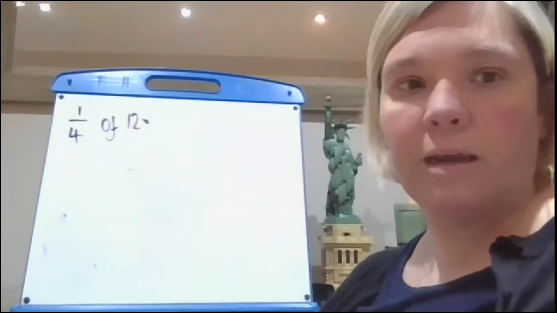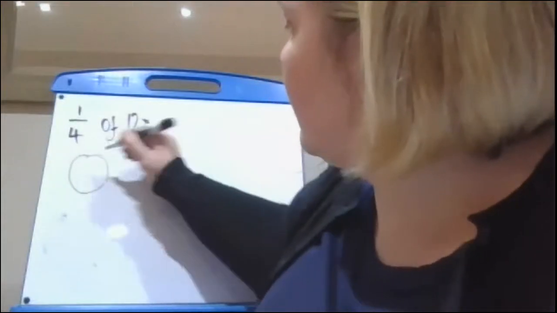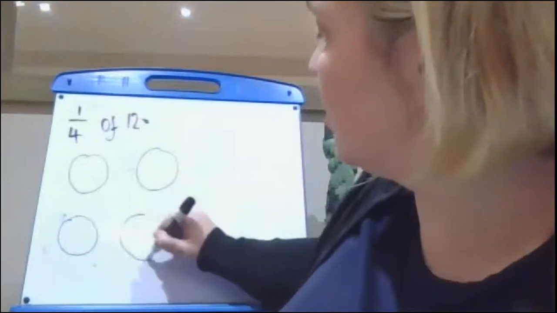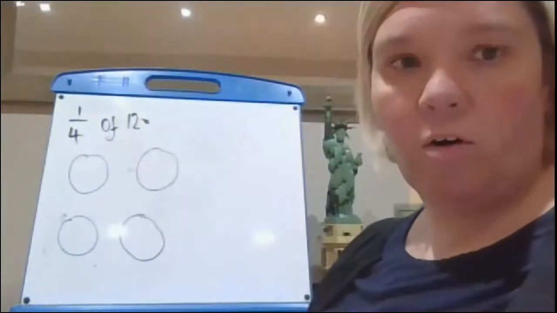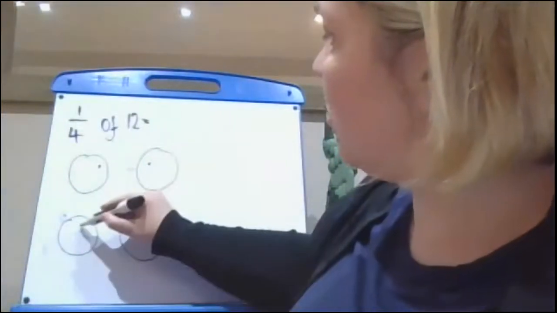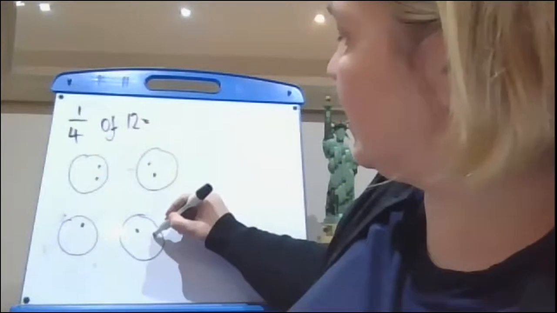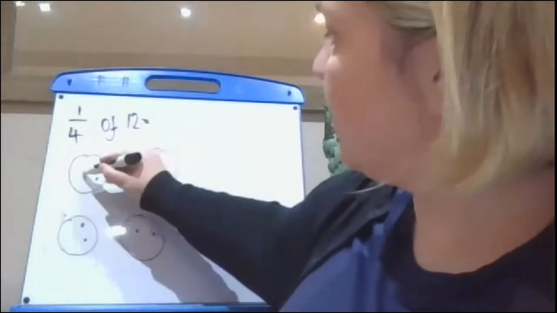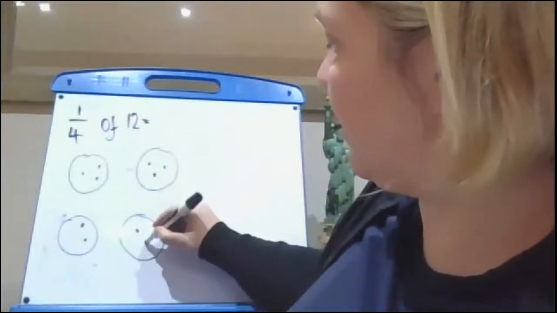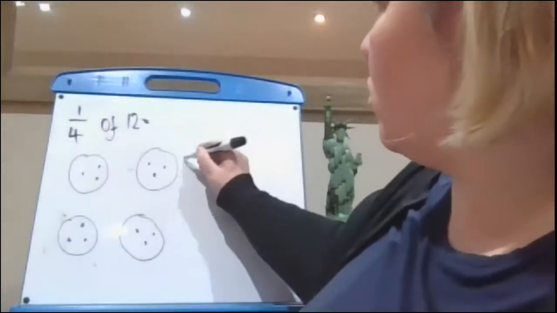So how many are we sharing that into? We are sharing it into quarters. So we have 4 groups. And how many have we got? We have got 12. So 1, 2, 3, 4, 5, 6, 7, 8, 9, 10, 11, 12. We want to know 1/4.